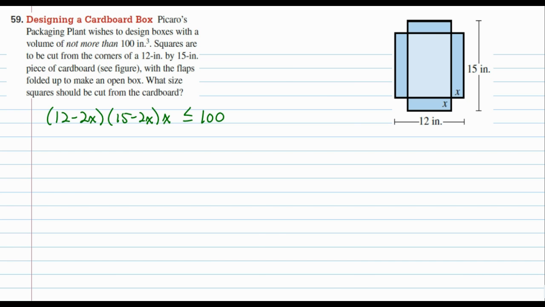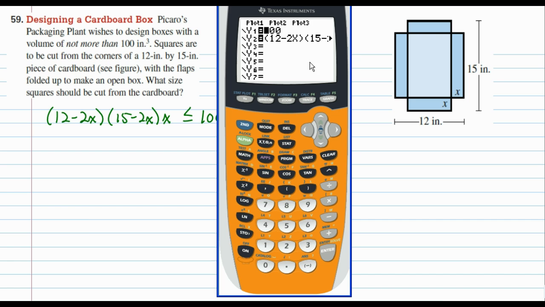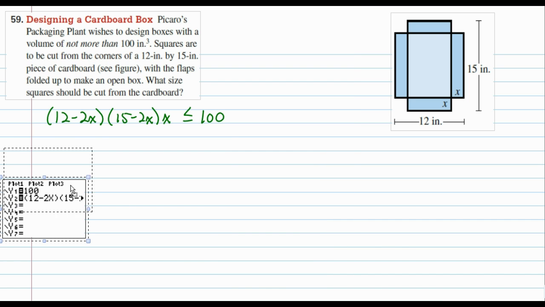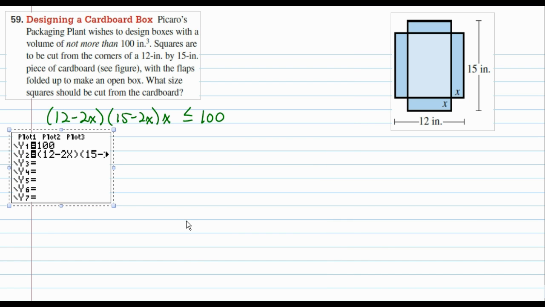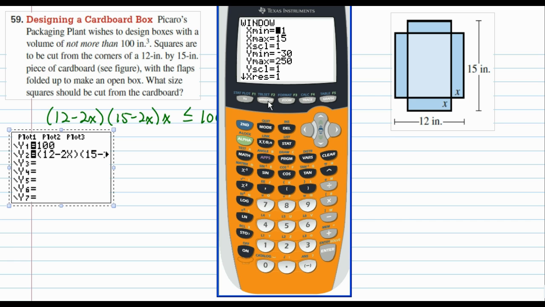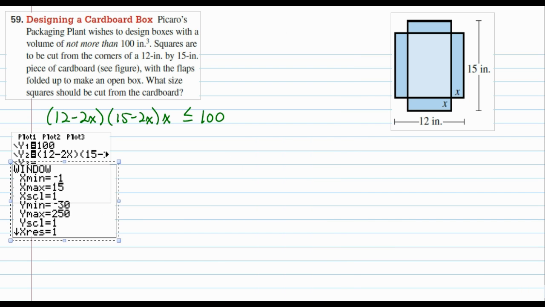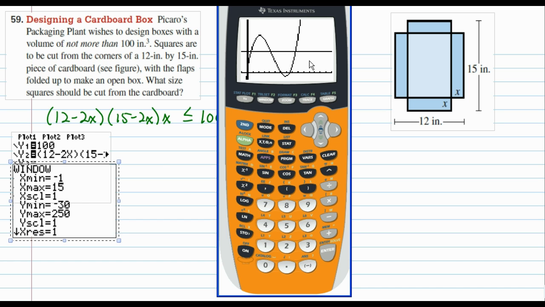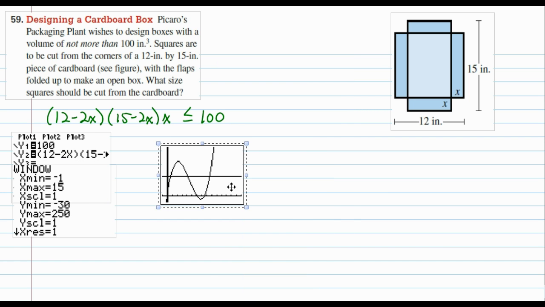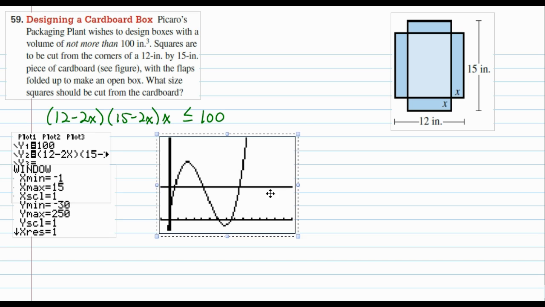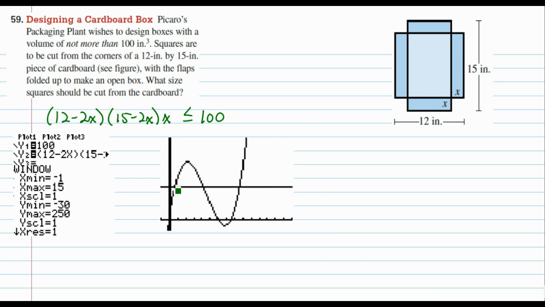So again, I'm going to graph 100 in y1 and then the expression for the volume in y2. Find an excellent window. And then on my graph, I can find those points of intersection to see which x values, so which dimensions of the squares, will produce a volume of box less than 100.